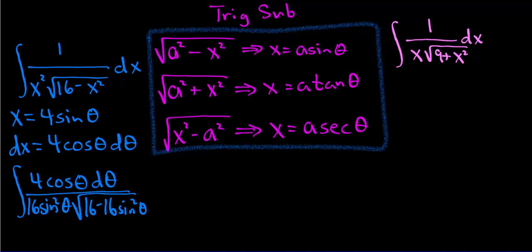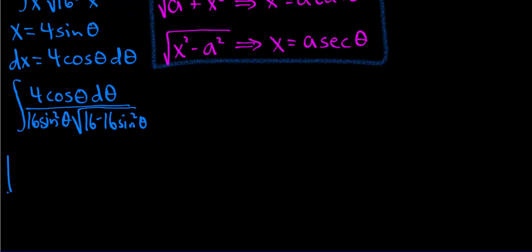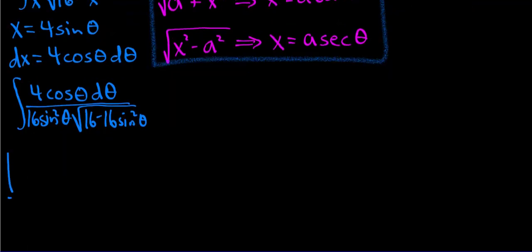See? Now, here's what we're going to do. I'm just going to factor a 16 out of this radical. So here's what's going to happen. And let me just divide out this 4.